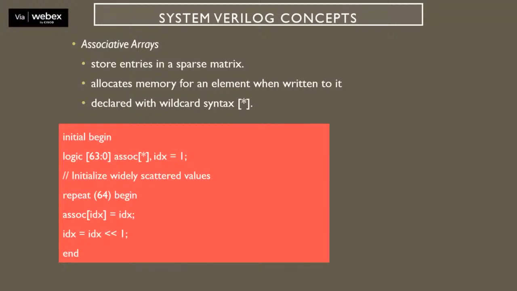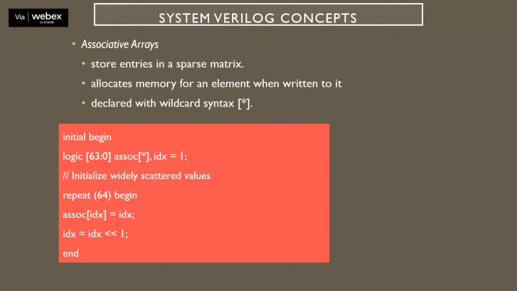It's a matrix which has more zeros than the number of values that have to be put in. So when these entries are stored in a sparse matrix, whenever you write any value into a certain memory location, only then it will be allocated, else it will not be allocated. That is called an associative array.